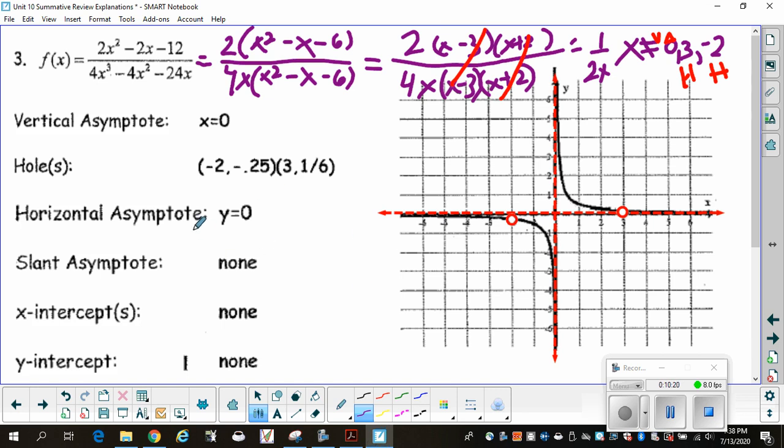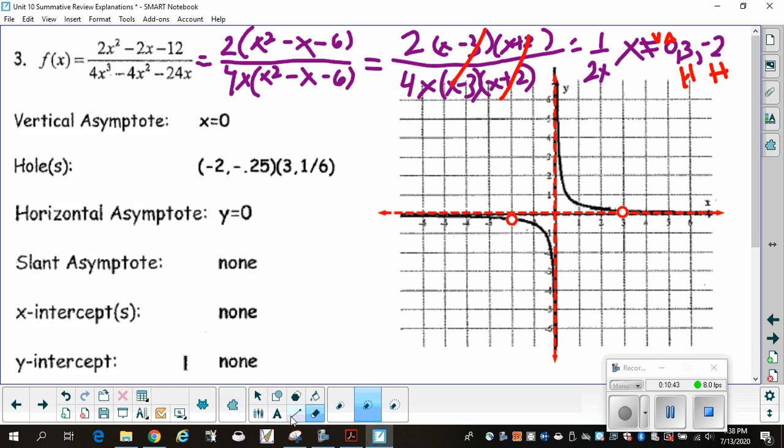Since I have my horizontal, I've got a squared and a cubed. I don't have any cubes up here, so it's going to be 0x cubed. 0 over 4 gives me y = 0 is horizontal, therefore no slant. My x-intercepts, let me get rid of some of that there.